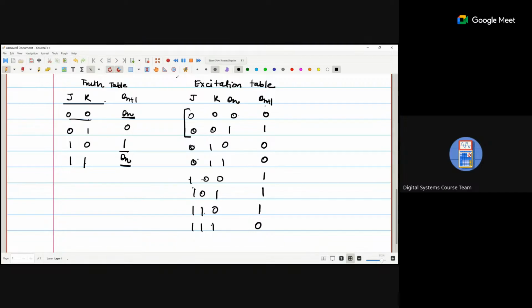Now, with the third, we are saying that, sorry, that was the characteristics table. Now the third one is the excitation table.